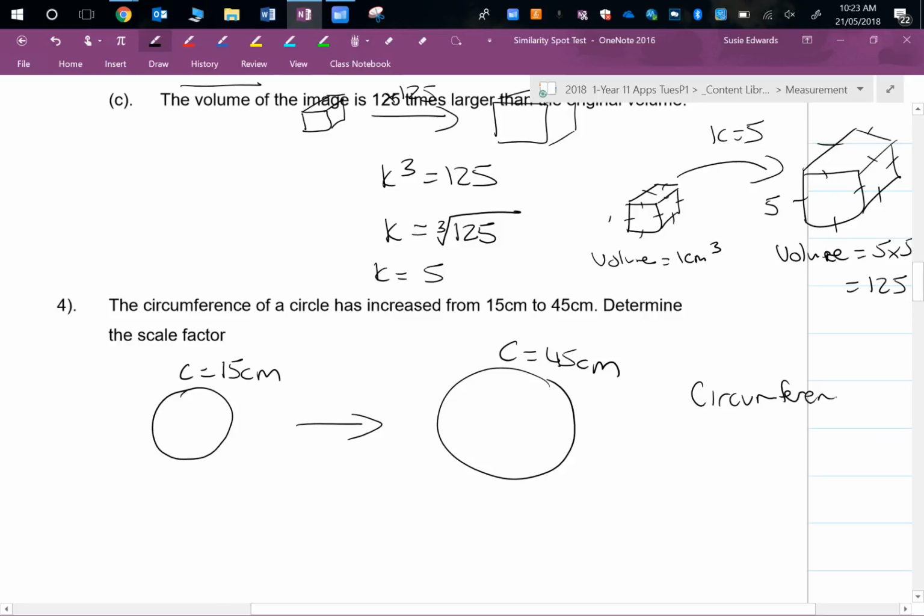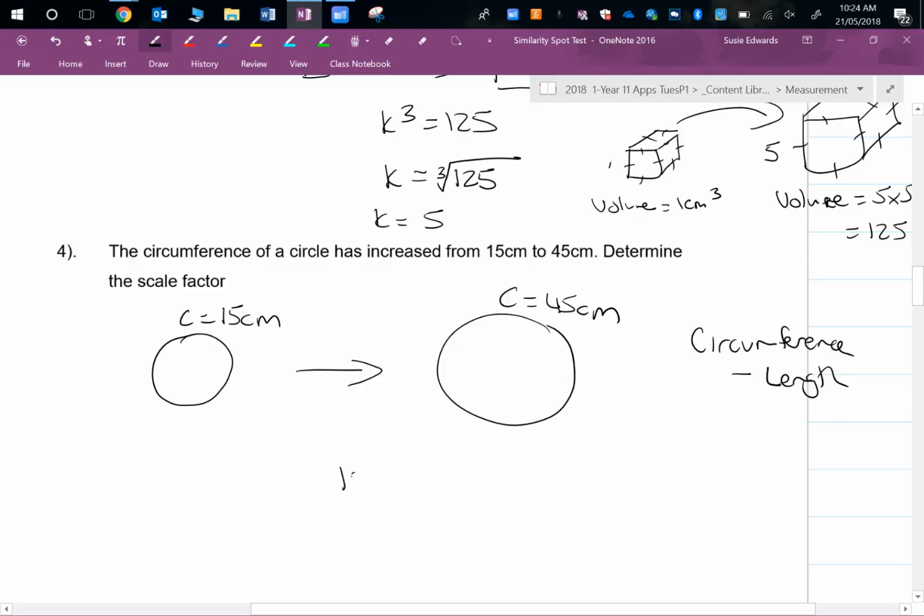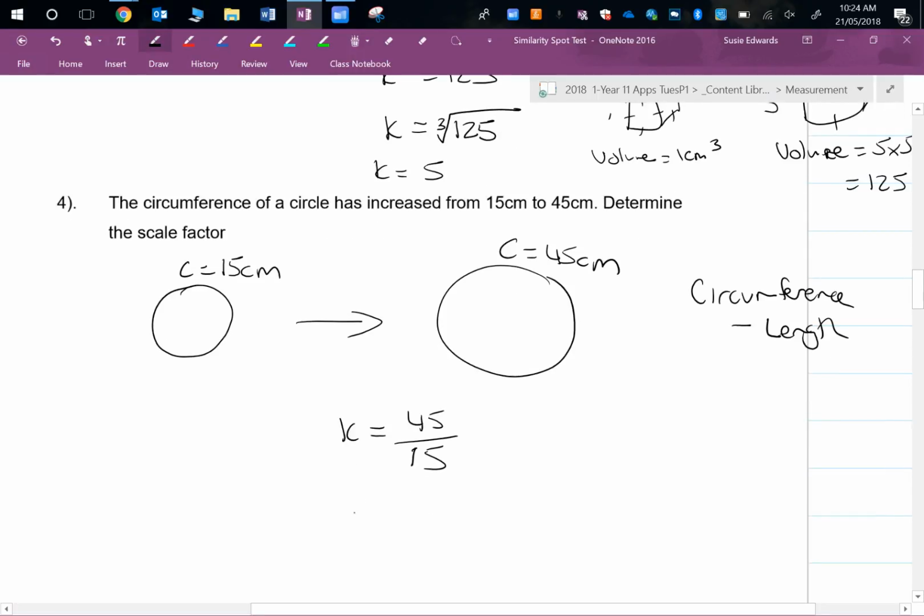It's a length, yeah? It's the outside length. Good. So how do we get from 15 to 45? We times by 3. So 45 divided by 15, so k equals 3. It's not k squared, it's not k cubed, because it's length, it's just k.